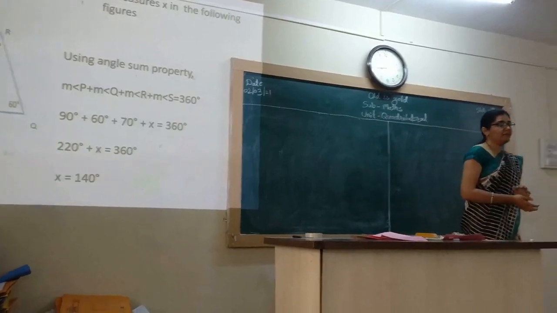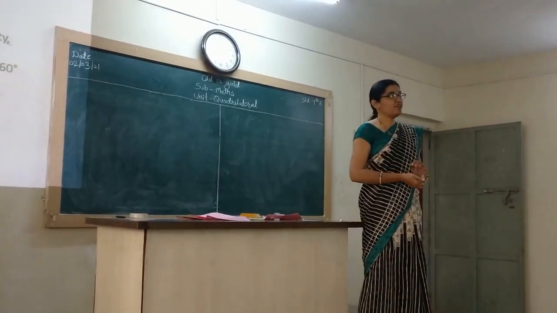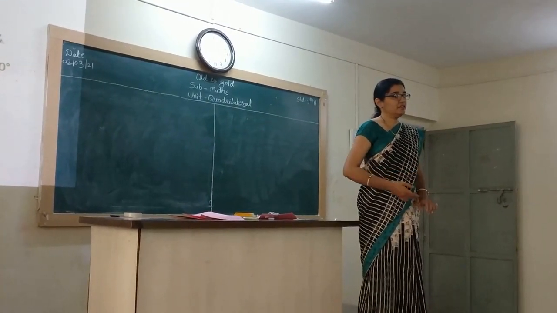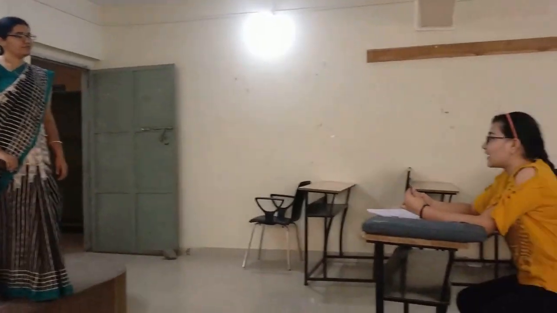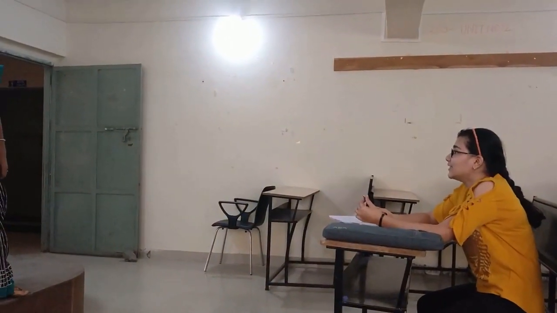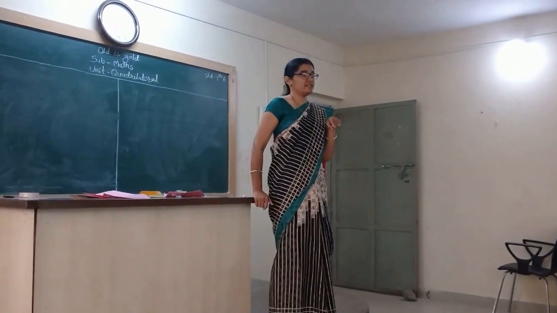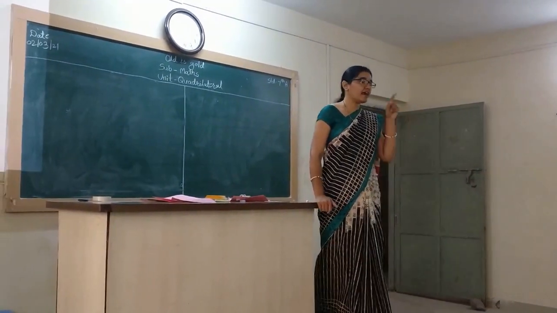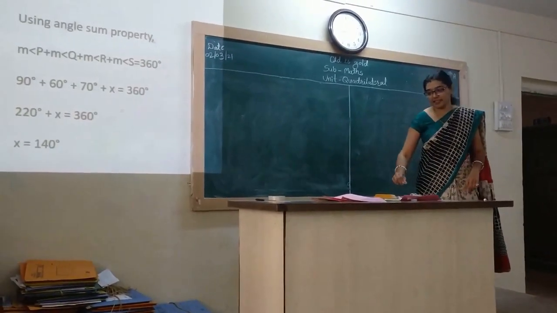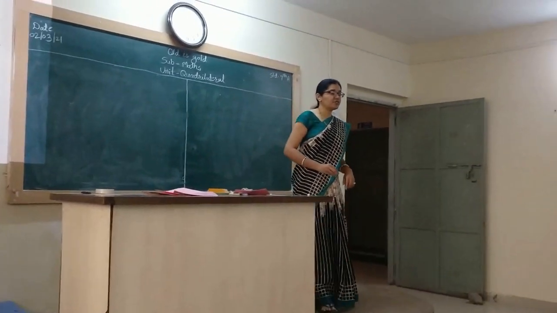Okay. Now tell me, what is the angle sum property of quadrilateral? Sum of angles of the quadrilateral is sum of all interior angles, okay, not exterior, interior angles of quadrilateral is 360 degree. Okay, now another question.